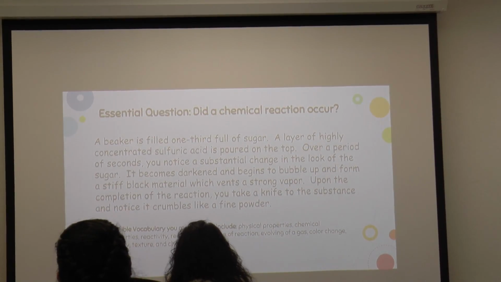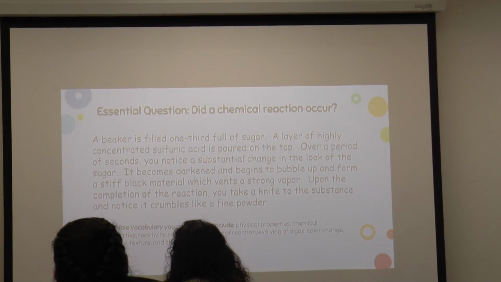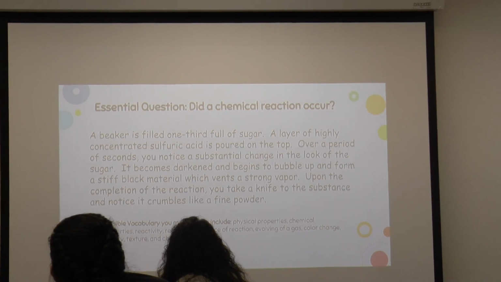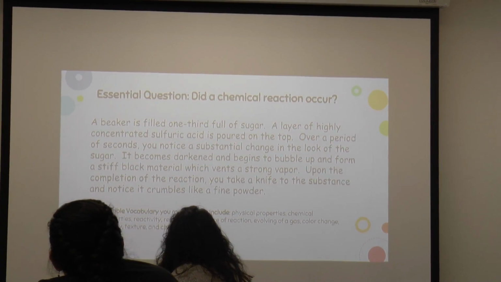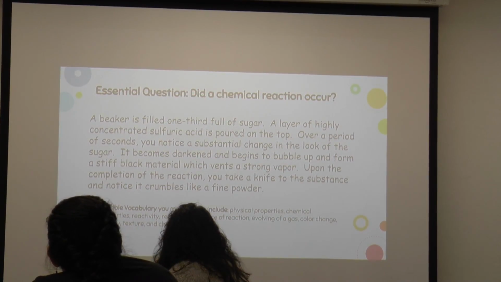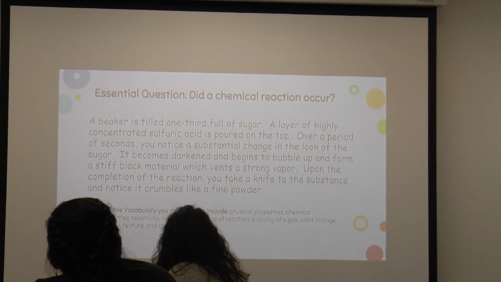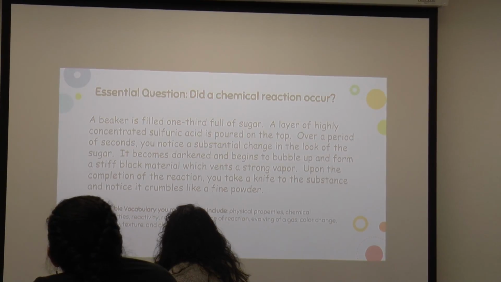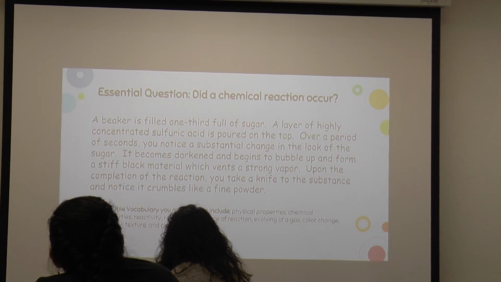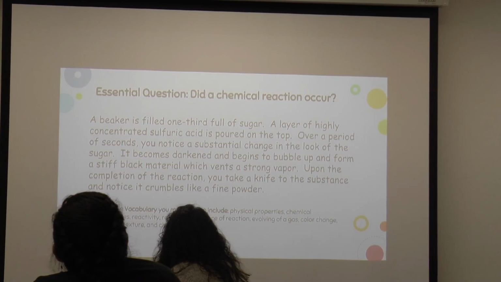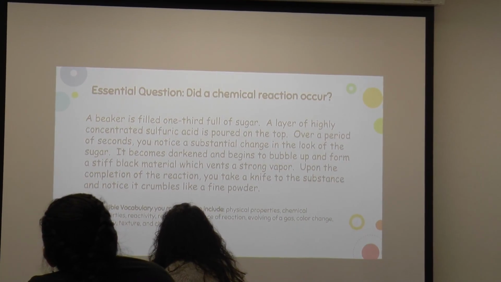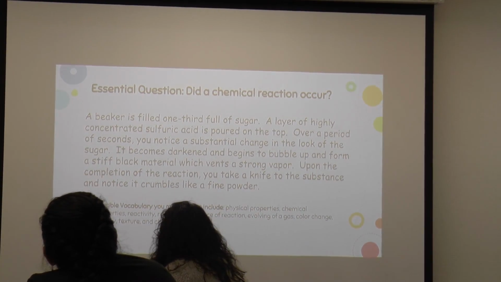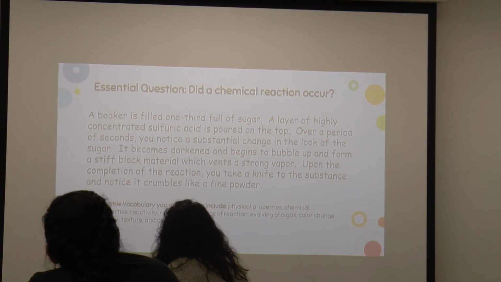A layer of highly concentrated sulfuric acid is poured on the top. Over a period of seconds, you notice a substantial change in the look of the sugar. It becomes darkened and begins to bubble up and form a stiff black material which vents a strong vapor. Upon the completion of the reaction, you take a knife to the substance and notice it crumbles like a fine powder. So there's the phenomenon.